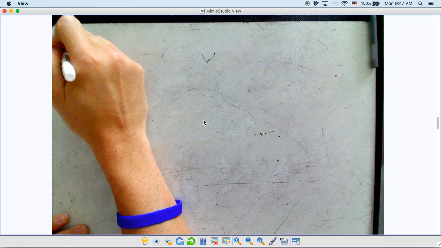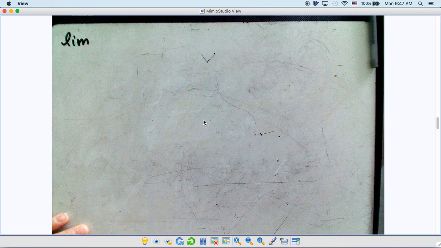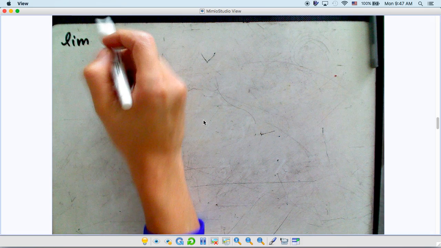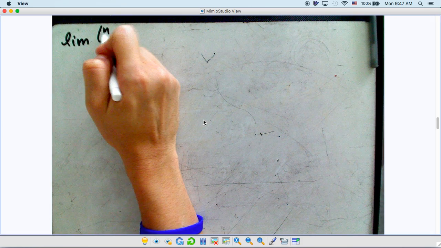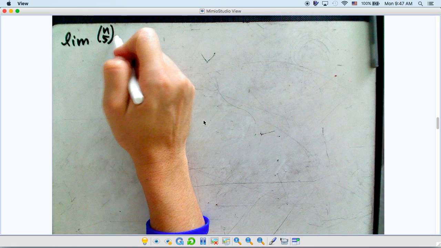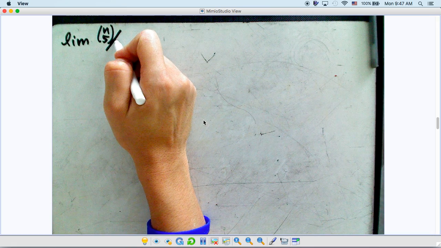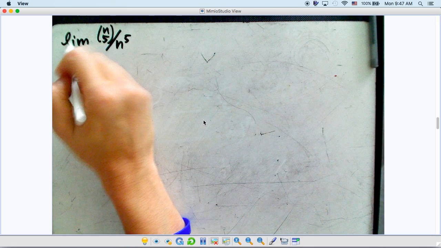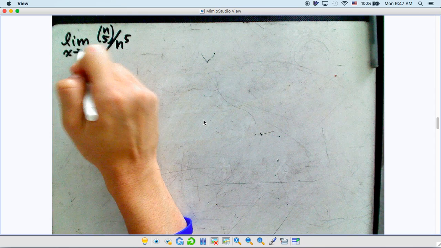So, for example, let's say we have the limit of n choose 5 over n to the 5th power as n approaches infinity.